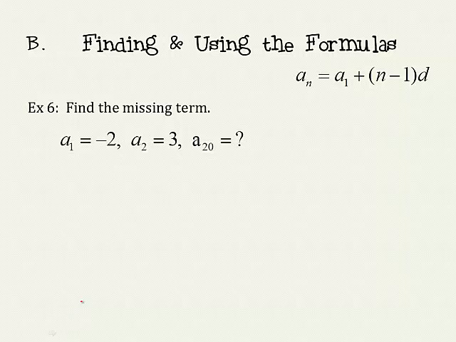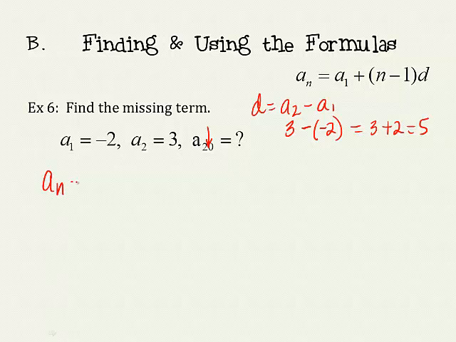All right. Lastly, find the missing term. So this is how you would use a formula to jump to a certain term. Okay, similar to what we've done before. So notice I didn't have d. I need to find d. So I take a sub 2, remember, and subtract a sub 1. Well, a sub 2 is 3 minus a sub 1, which is negative 2. So that's really 3 plus 2, so d is 5.